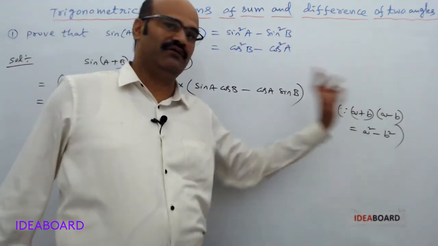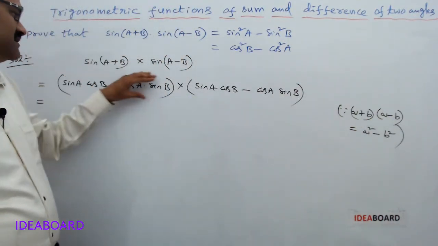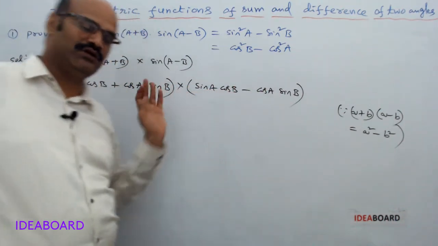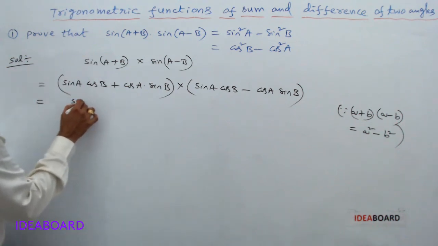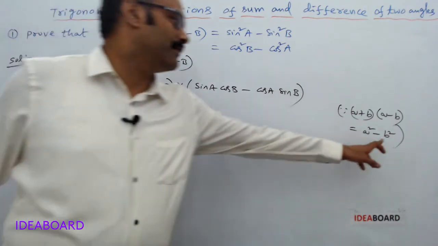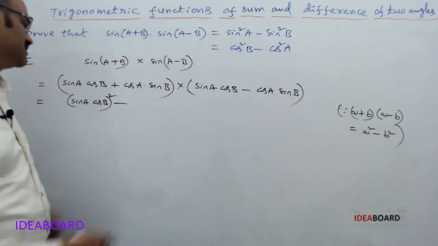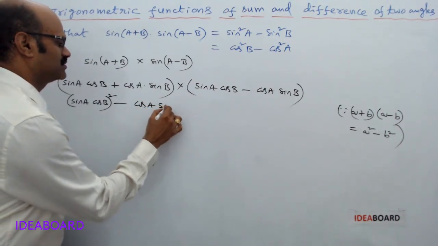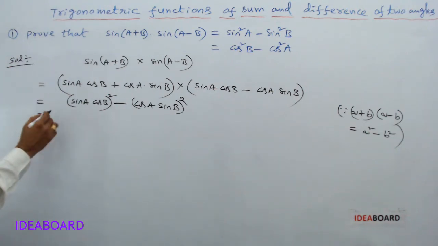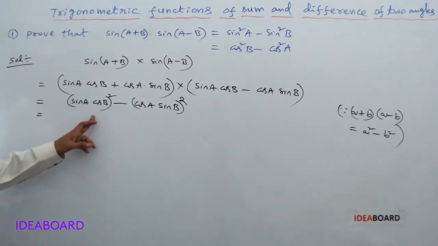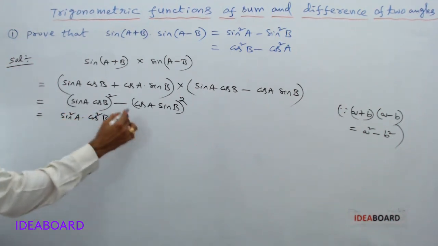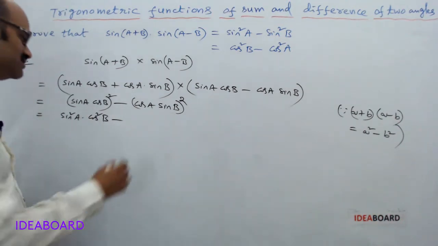By using this formula, this is A, this is B: A² is (sin A cos B) whole squared, minus B² which is (cos A sin B) whole squared, equal to sin² A cos² B minus cos² A sin² B.